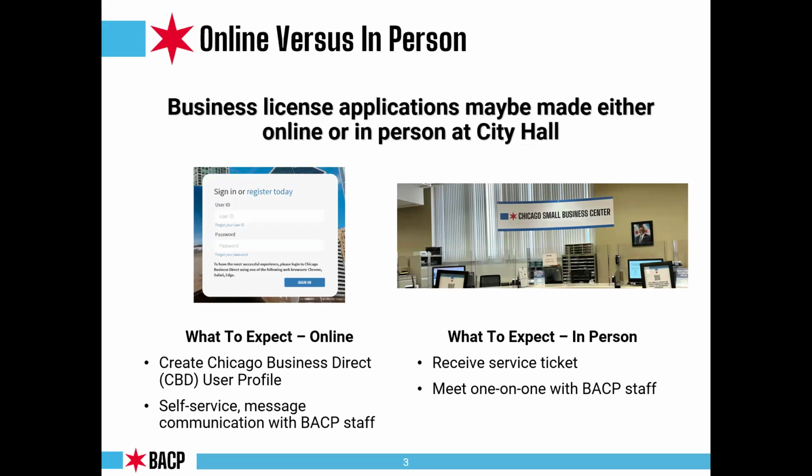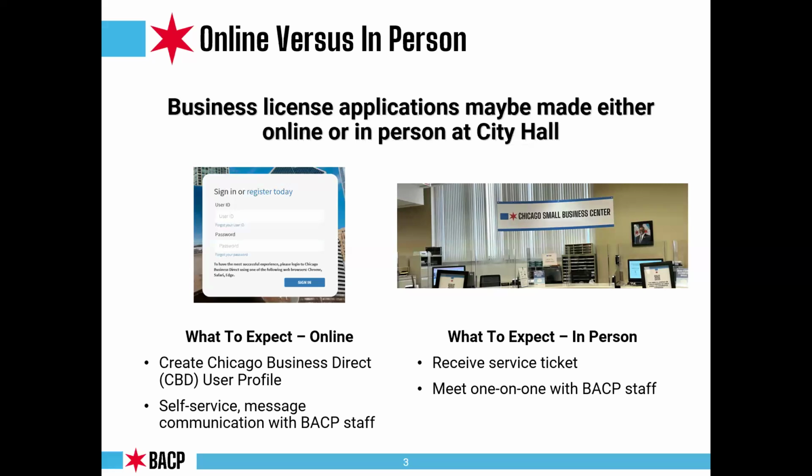At arrival to the center, you'll notice, as highlighted here in the picture, that there's going to be a reception, and there'll more than likely be either one or two consultants at the reception. You'll form the line, and when you come up to the consultant, they'll ask you what the reason for the visit is.